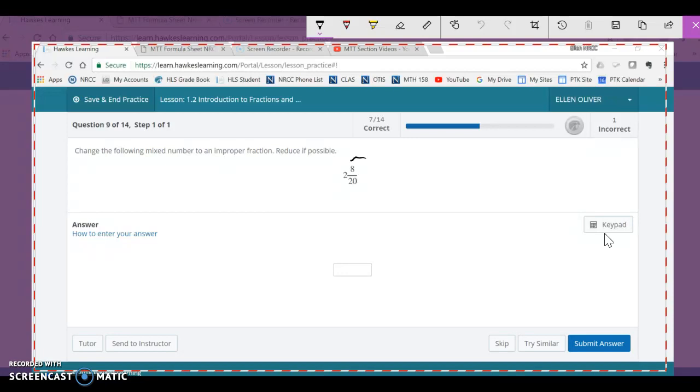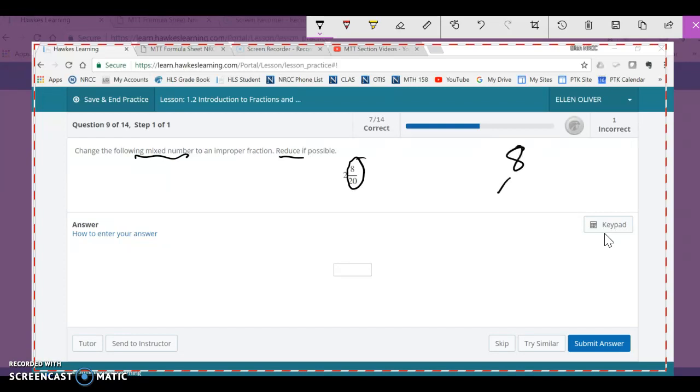And if you look at 8/20ths and recognize that at least 2 goes into both those numbers and maybe a bigger number, that can be reduced. So let's reduce it before we turn it into a mixed number. They say change it and then reduce it. I'm going to say, hey, let's reduce first and keep our numbers smaller so it's easier. And you can't always reduce, but you should take a moment to look at it.